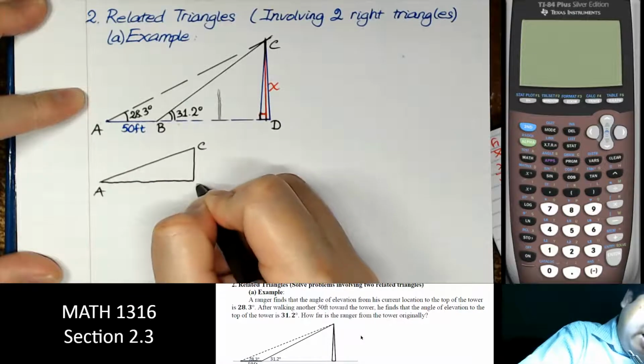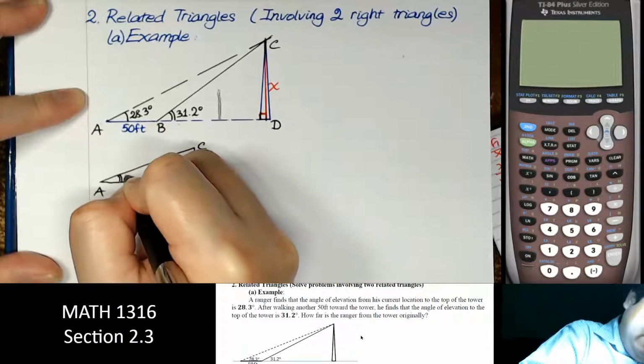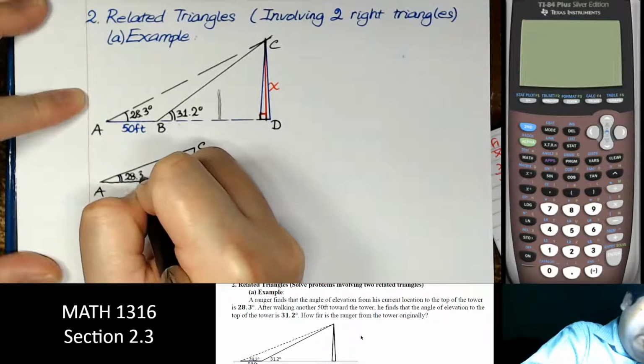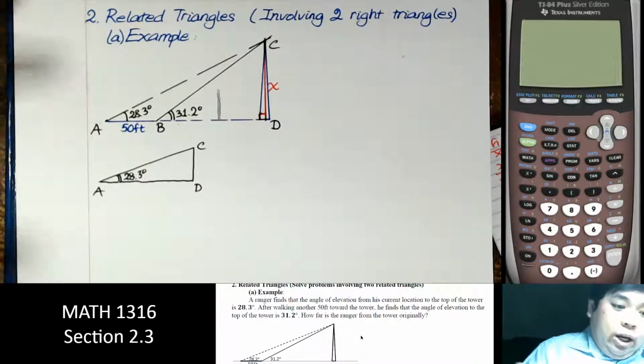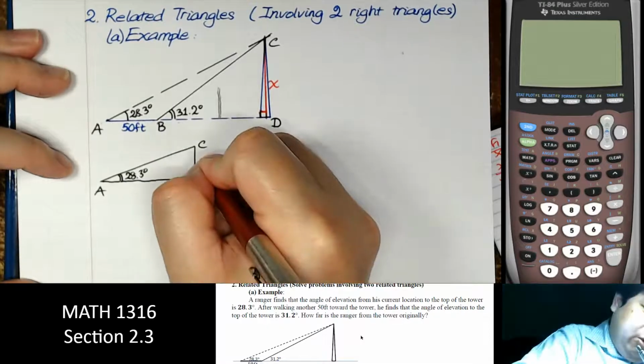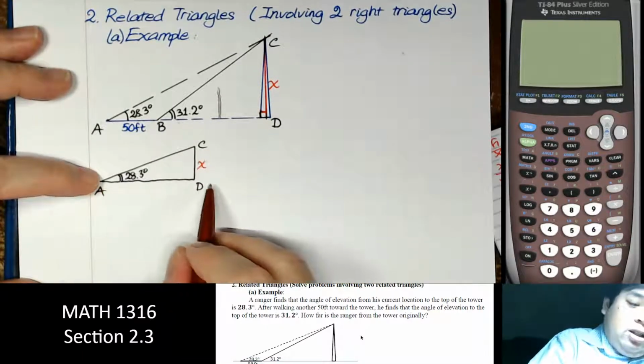Let's say ACD, 28.3. With this triangle, we don't have anything. We don't know x, and we don't know this side.